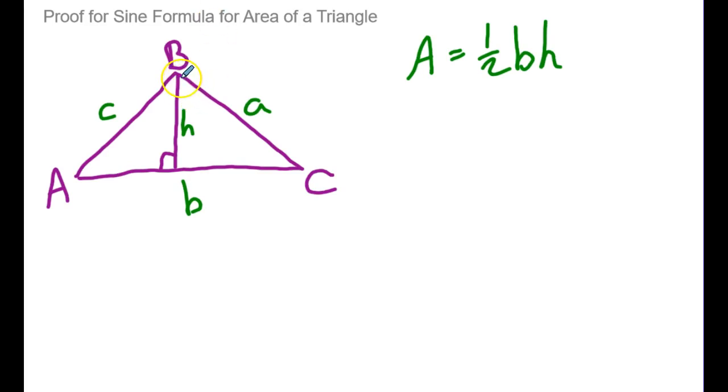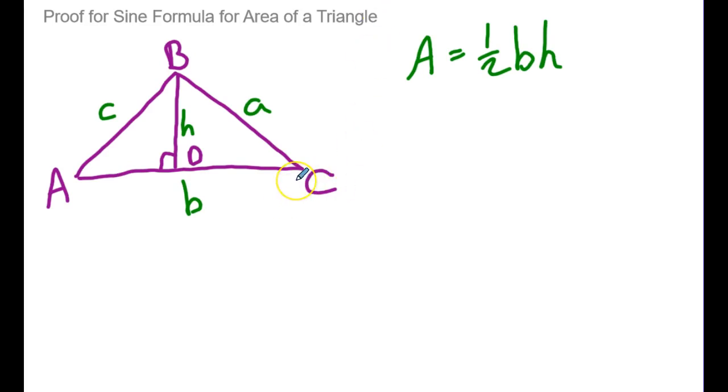What I'm going to focus on right now is triangle BC, and let's label this point D. So we're going to focus on triangle BCD. Think back to SOH CAH TOA. The sine is equal to the opposite over the hypotenuse.